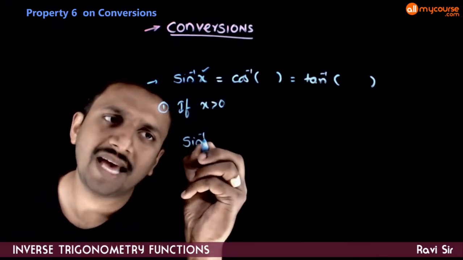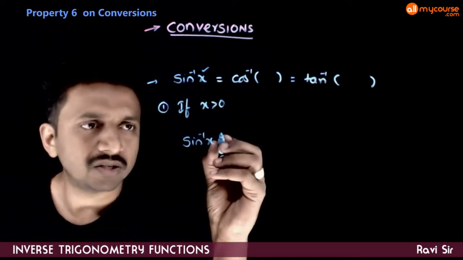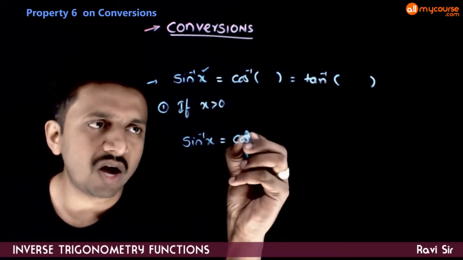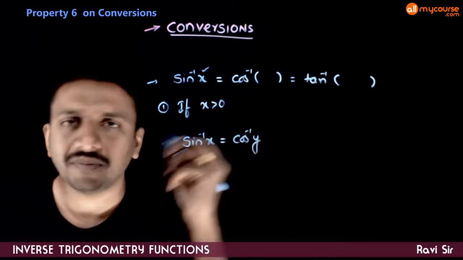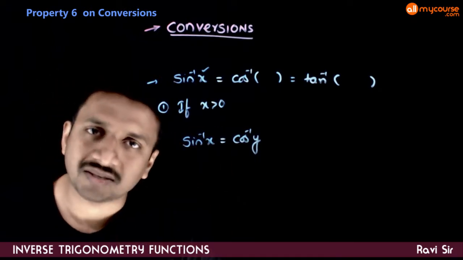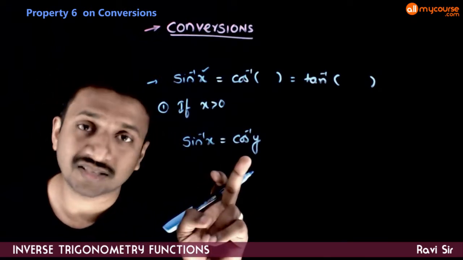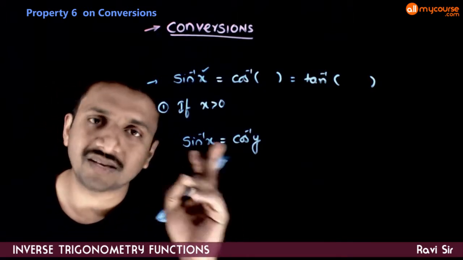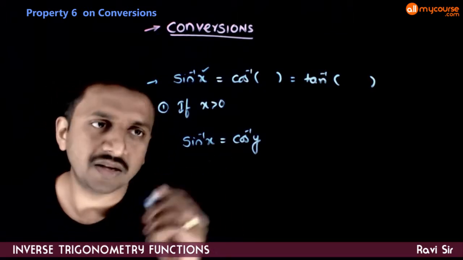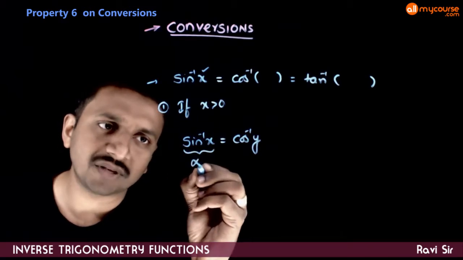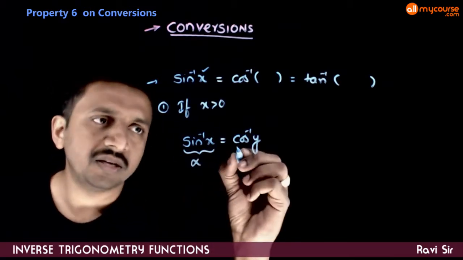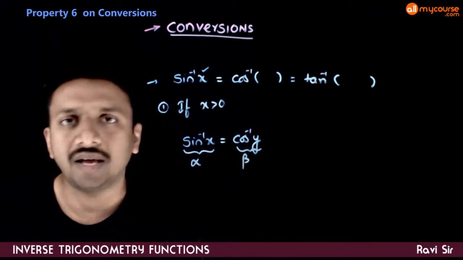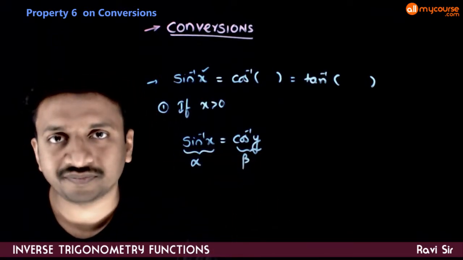So if you take sine inverse of x, let us assume that this is cos inverse of some y. So let us see what y is. So sine inverse of x is equal to cos inverse of y. So let us assume sine inverse of x is equal to alpha. Let us say cos inverse of y is equal to beta.